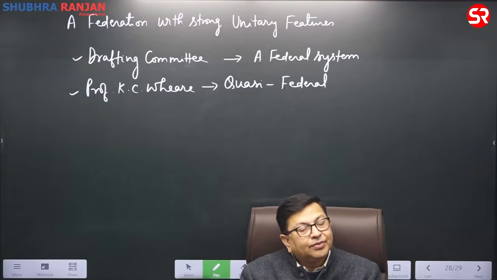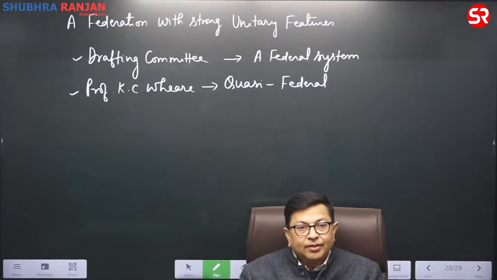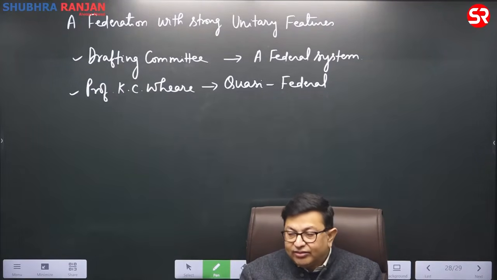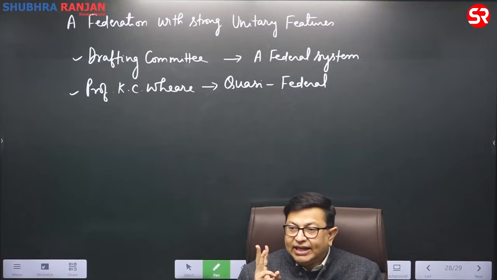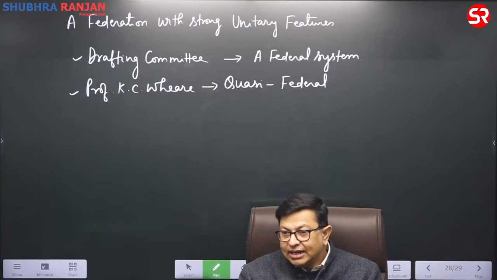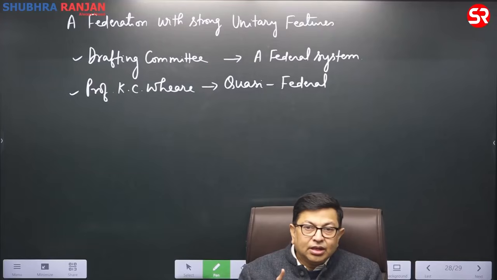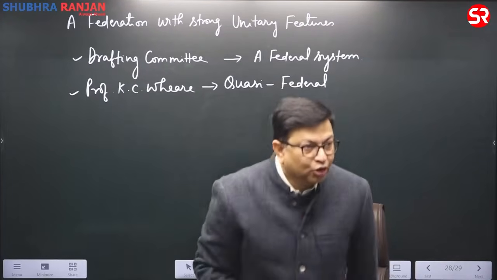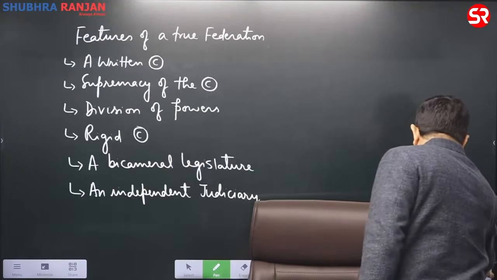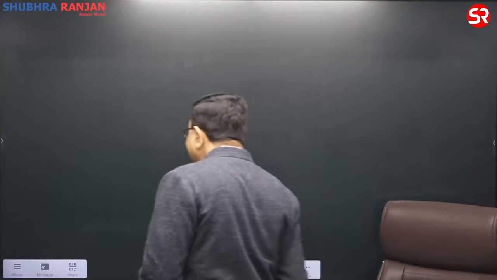Then next, an analysis of the three lists given in Schedule 7 shows that, you can write in points or bullets.